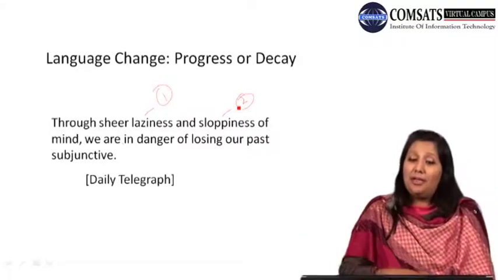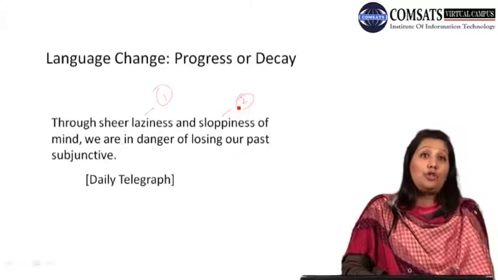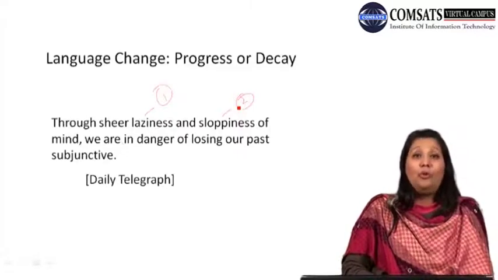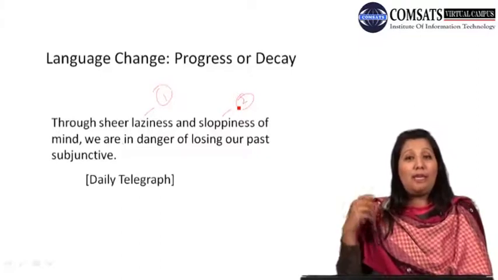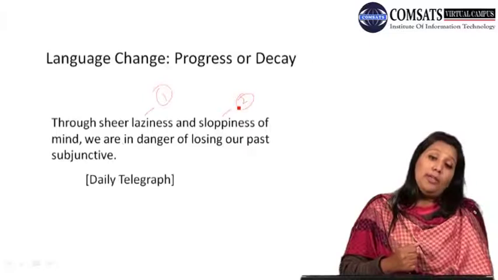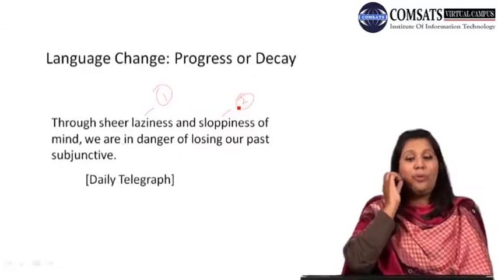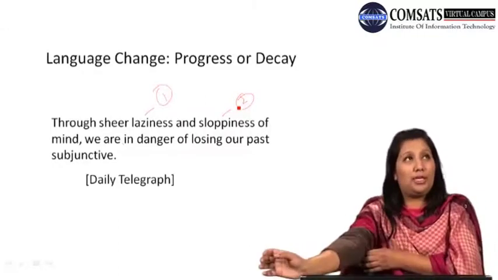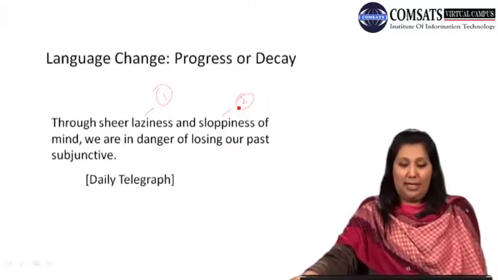It is perhaps again a satire, an irony, a taunt on the people who speak English, that it is decaying because of the laziness of the people. Perhaps people are not being innovative or creative, and they are not using their language in the best way that they should. So the sloppiness of the mind, we are in danger of losing our past subjunctive. They say that we will lose our past language.